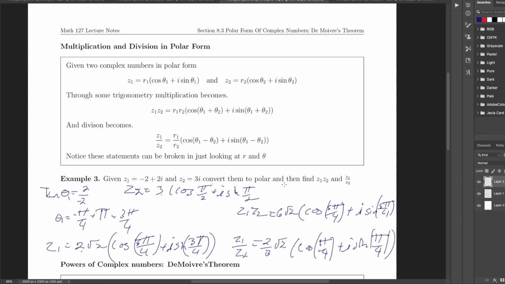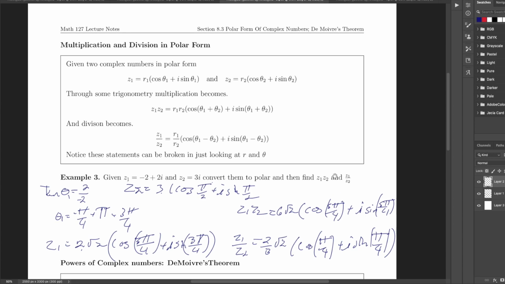So when we multiply or divide once we have it in polar form, it's either multiplication and addition or division and subtraction. So it's really not as difficult as it looks. Here it looks pretty complicated, sure, but the actual practice isn't too terrible.